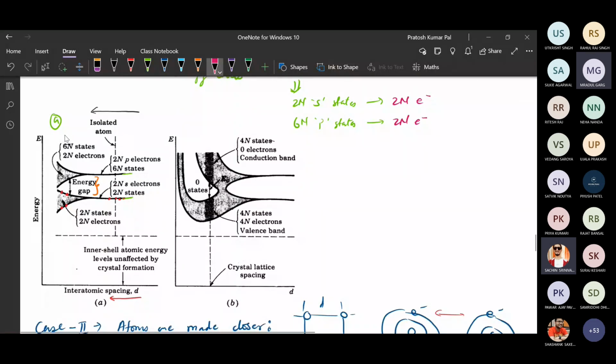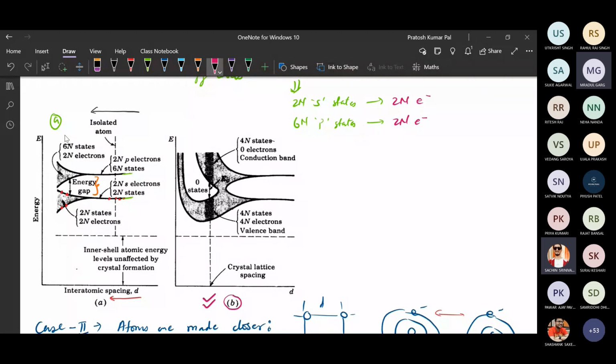That energy band will look like the energy band explained in figure B. Here, at D, the interatomic distance is very high, so all the atoms have the same energy level.